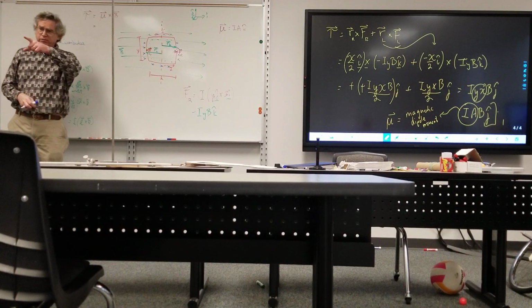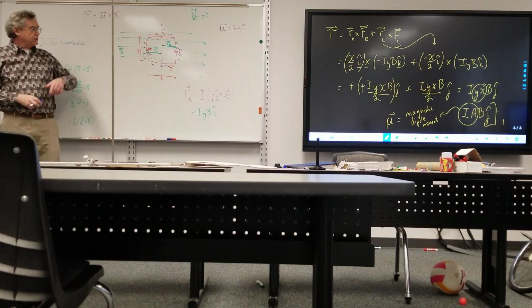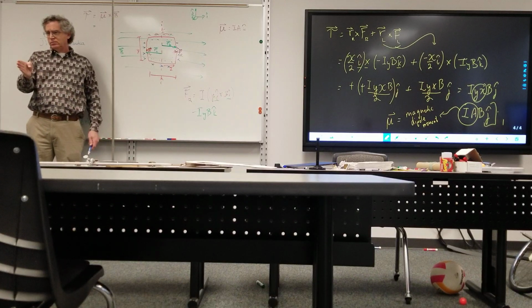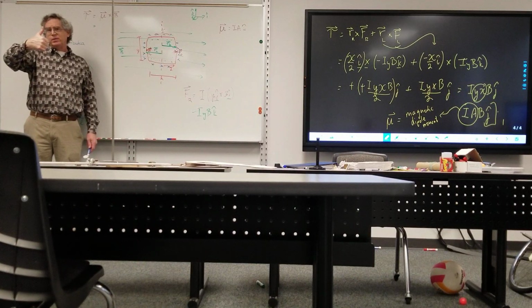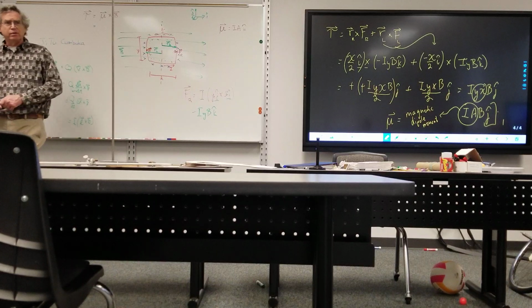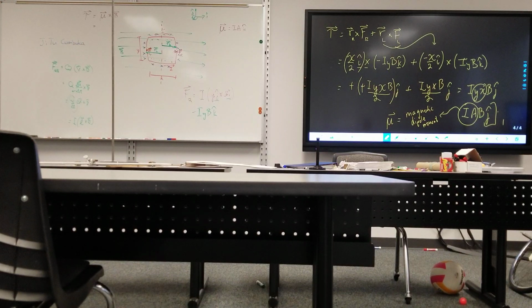So mu is coming out of the board. B is going to the right. So mu cross B puts me in the J hat direction, which is what we found over there. So anyway, fun with torque.